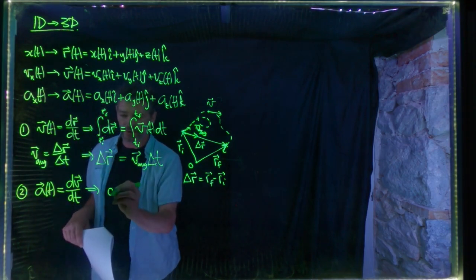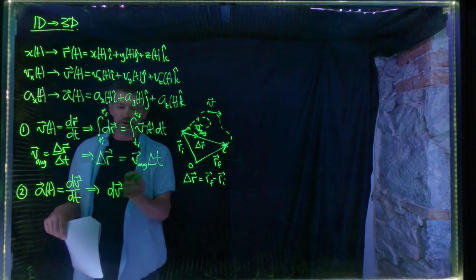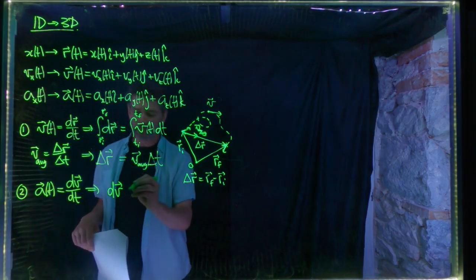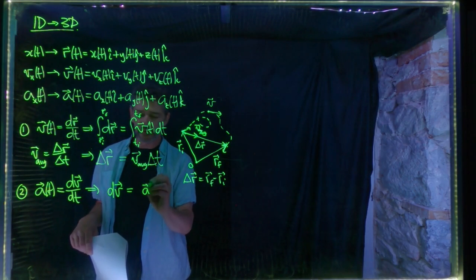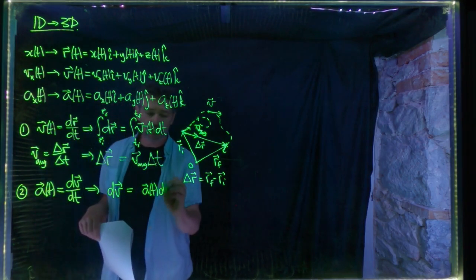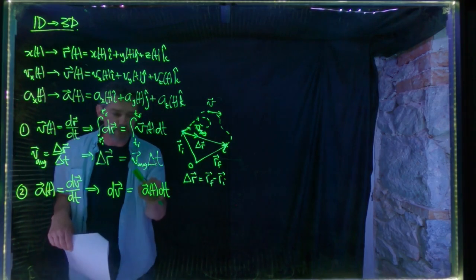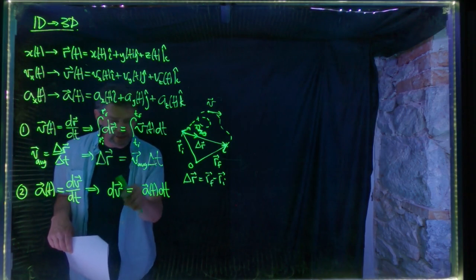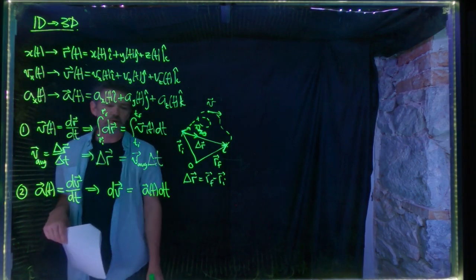That leaves a dv. During a small interval of time dt, the infinitesimal change in the velocity is equal to the acceleration the object is undergoing at that instant of time, times the amount of time dt. Meters per second squared times seconds is meters per second. That's the infinitesimal change in the velocity.